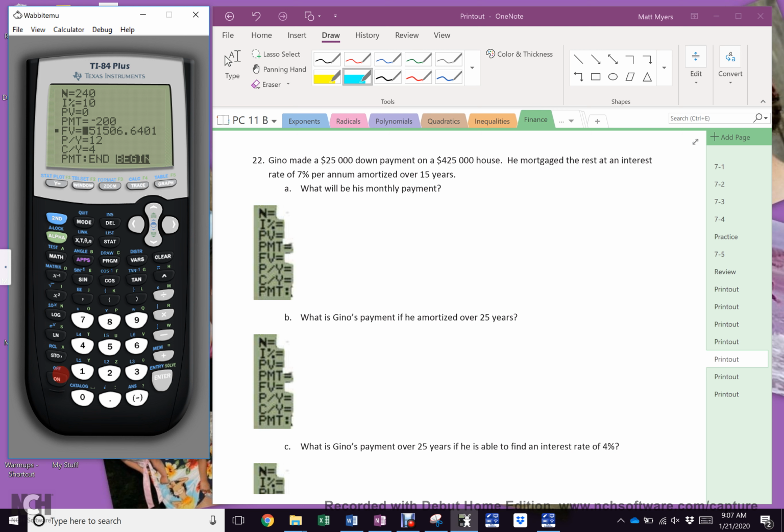All right. So, dude is paying over 15 years. So 15 times 12, because he's paying monthly, yes? 15 times 12. What's his interest rate? 7.